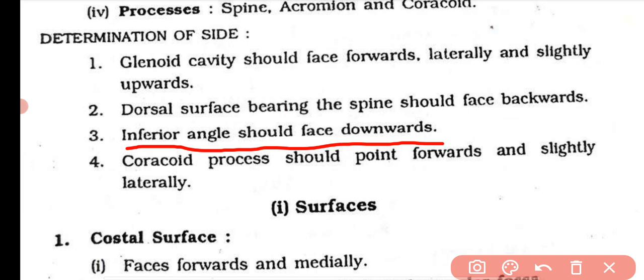Now, from the number one point, we know about the medial lateral aspect: the glenoid cavity lies laterally. From the second point, we came to know about anterior posterior: in this case we go through the spine.